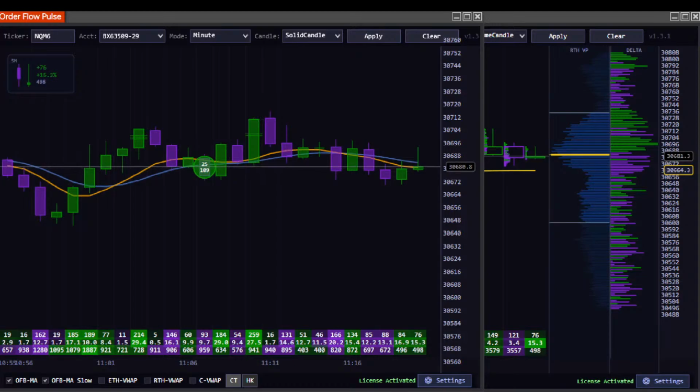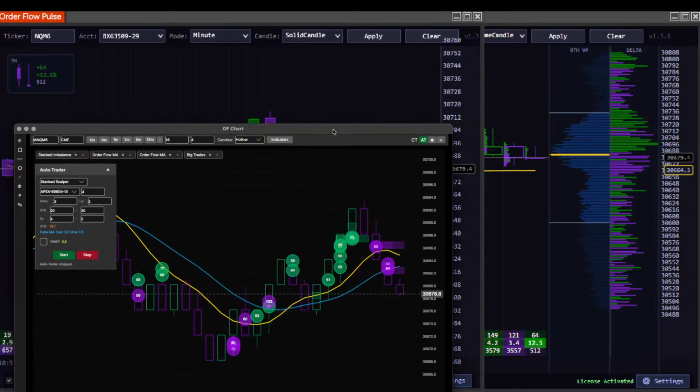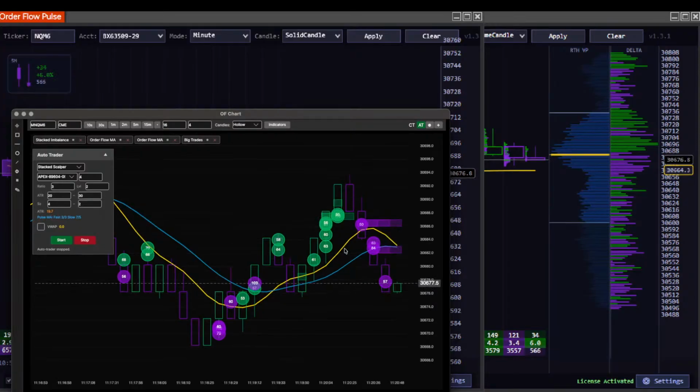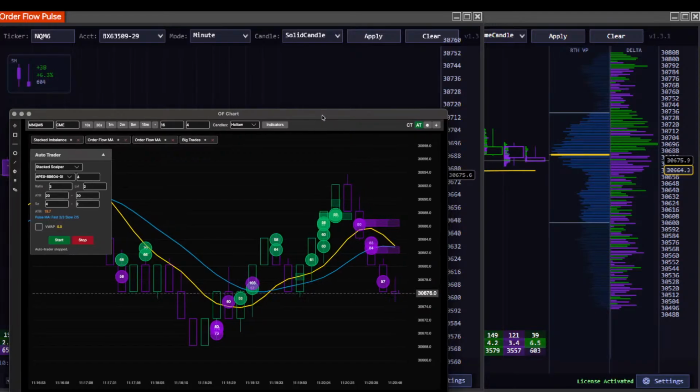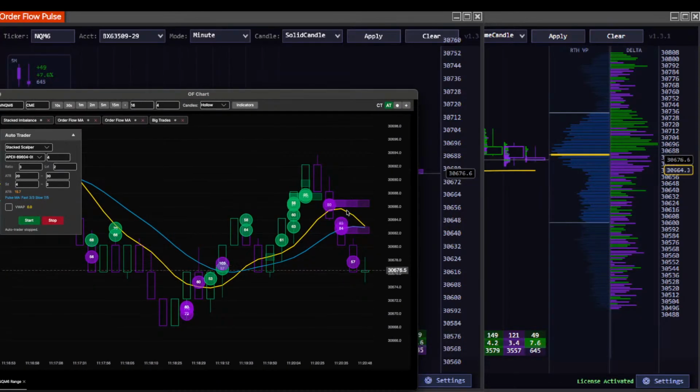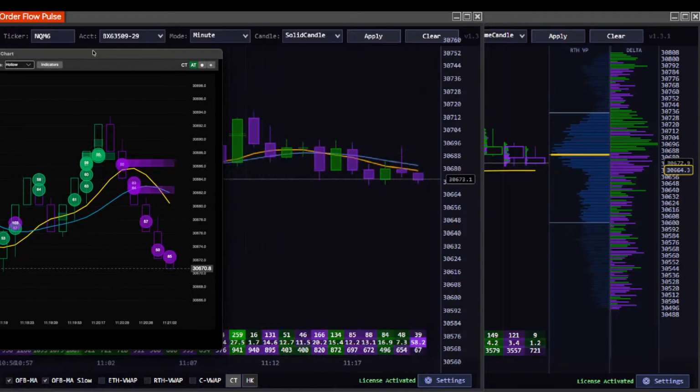Let's see, 2, 4. I'll say 4 points. Okay, so that's 4 points right there. Actually, it would have taken this. No, it wouldn't have, because the moving averages, the yellow line, the fast moving average needs to be below the slow moving average to go short, and vice versa.